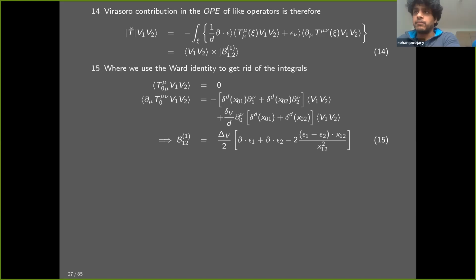Yes, I did that. But even if you do, you just end up using the Ward identity. You're saying even if I had used the original expression for T tilde, I wouldn't have got any derivatives on V1 on the way to 14? No, you will get it. You will get derivatives on V and V, as you can clearly see is the case that you end up getting.